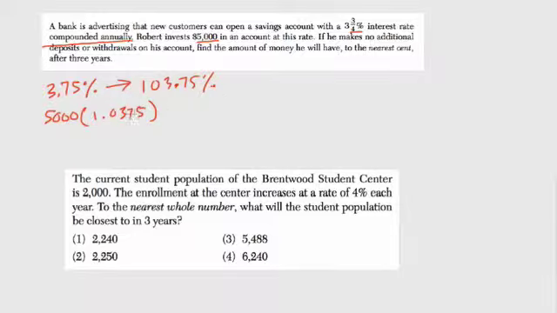Each year that passes, we multiply by this number. We multiply 5,000 by this, the next year we do it again, and again the next year. So for t years, that's our exponent, we do 5,000 times 1.0375 to the t power. Here they want to know, to the nearest cent, what will happen after 3 years.